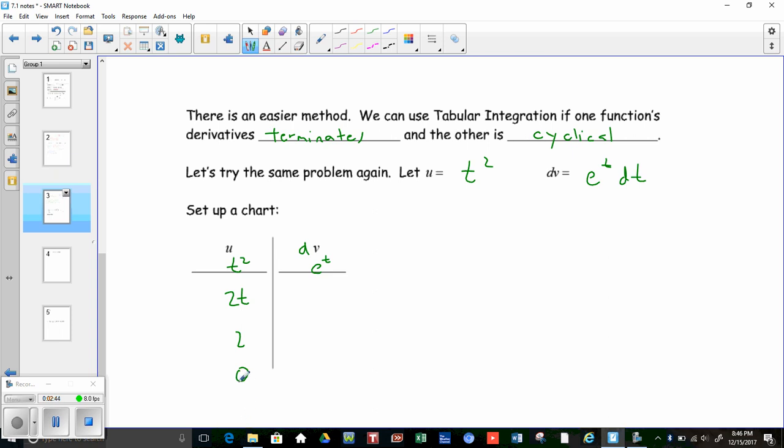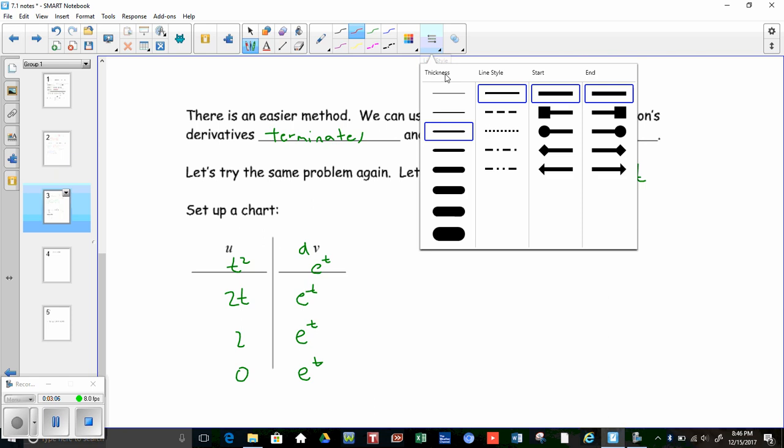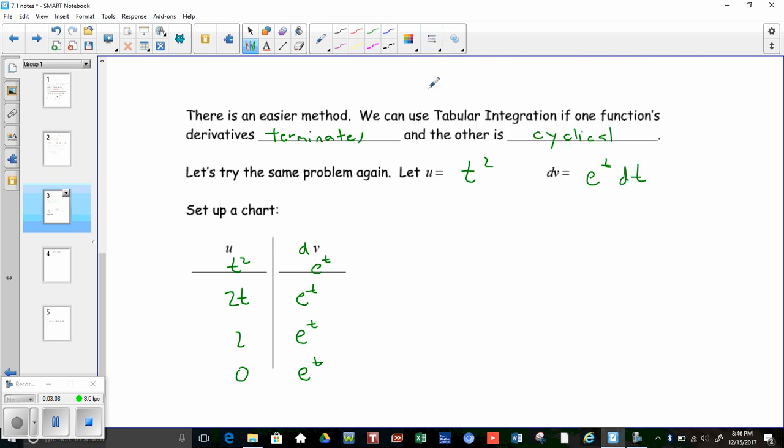So we stop there. Over here, we're going to match these rows with the antiderivatives of e to the t, since this is our dv column. The antiderivative of e to the t is e to the t. The antiderivative of e to the t is, again, e to the t, and so on. But I'm going to stop here because I've now matched the 0. This is what's going to make things easier, because now I start here with t squared, and I match it up with this one and multiply.